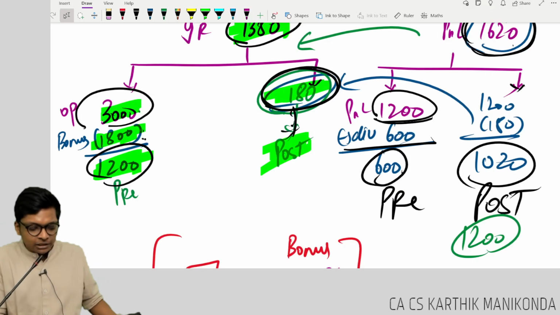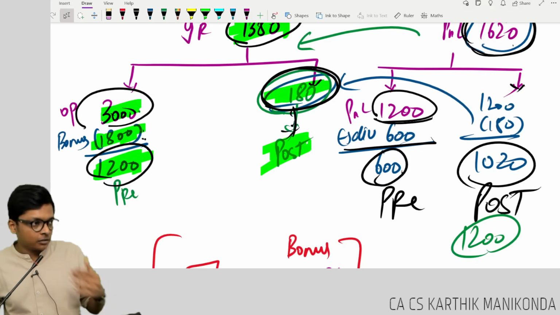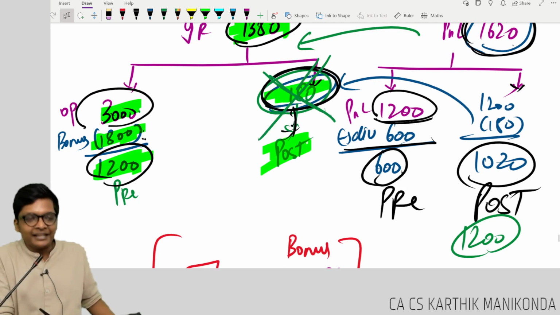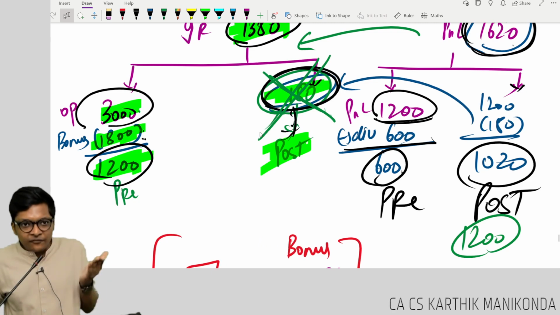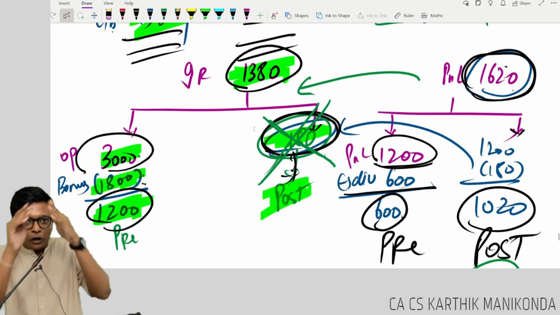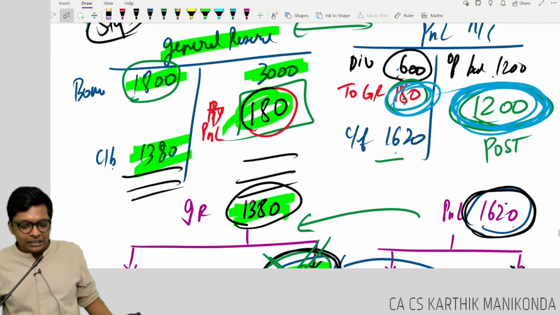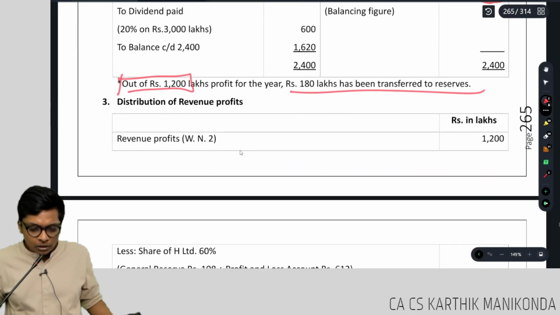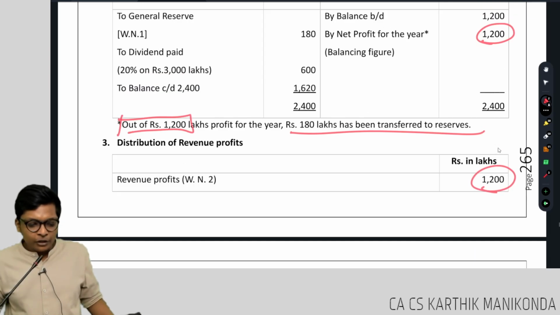If you don't understand the note, leave it. You will understand later. What he did, he didn't take 180. He would have taken full 1200 in P&L. We followed the chart method, we got this. That fellow followed the ledger method and he took 1200 in revenue profits.